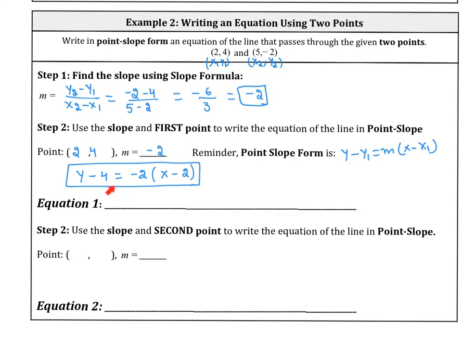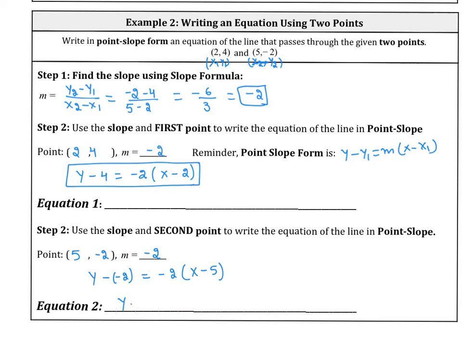So we found equation number 1, and now step number 2 is use the slope and second point to write the equation of the line in point slope form. So the second point is x2, y2. This is 5, -2 and the slope is -2. So y minus -2 equals -2 times x minus 5.